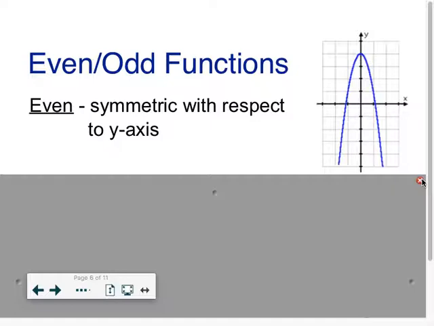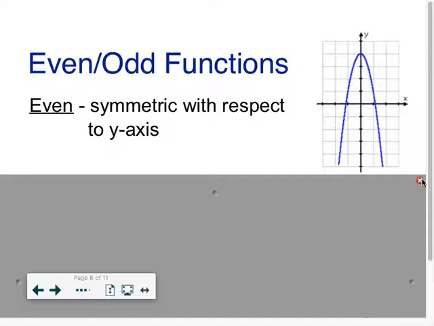Only functions symmetric to the y-axis can be classified as even. I have an image of an even function. Looks like a quadratic function again. Notice that we would all agree it is symmetric to the y-axis.